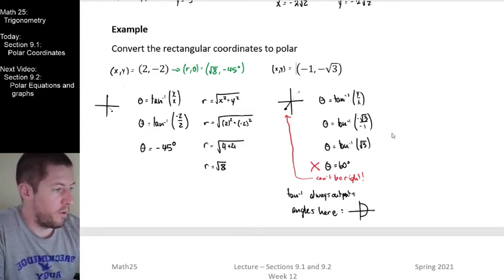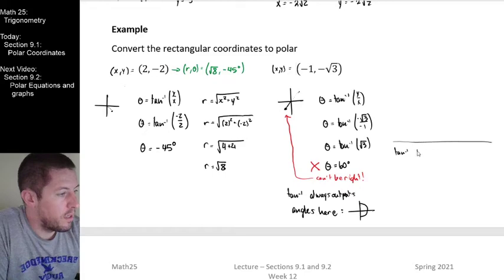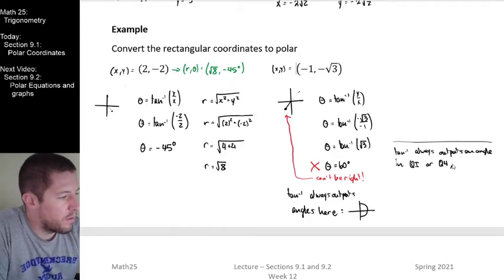So here's what I'm going to do for myself. I'm going to say, tan inverse always outputs an angle in quadrant 1 or quadrant 4.